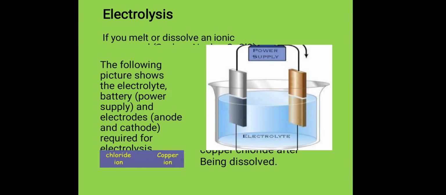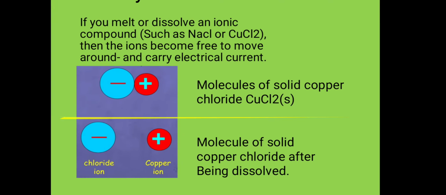Next, electrolysis. If you melt or dissolve an ionic compound such as NaCl or CuCl2, then the ions become free to move around and carry electrical current.